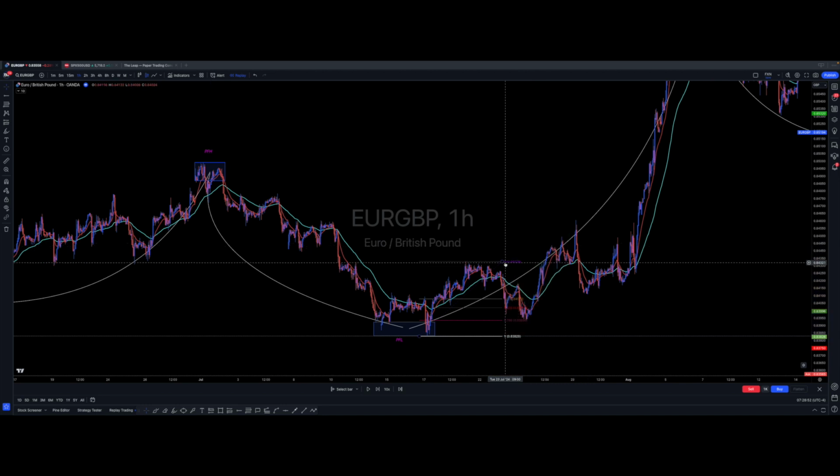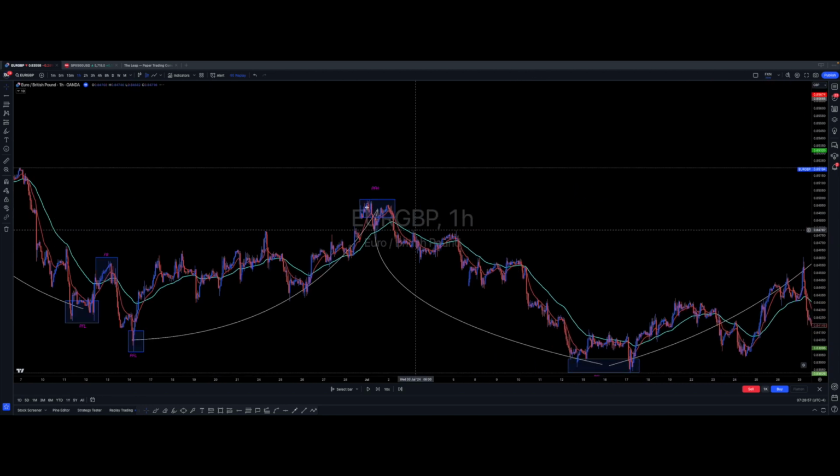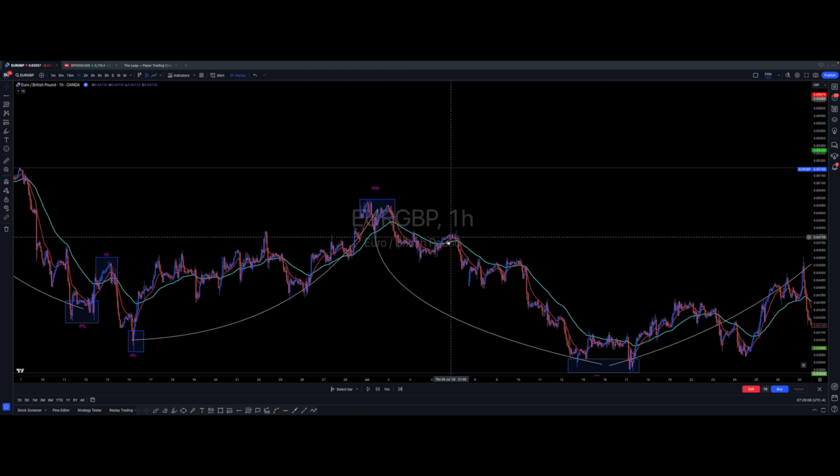If it doesn't retrace, there is no trade. Okay, so if you go back to the previous cycle here, you had the crossover, break of structure happened right when we broke below here, and then the first retracement is this retracement here.